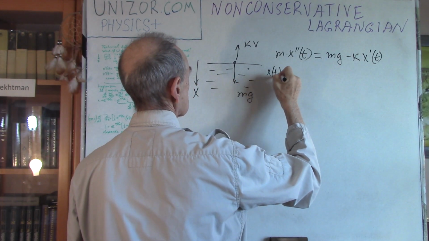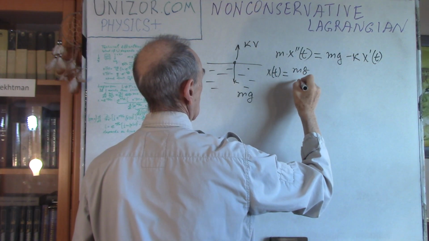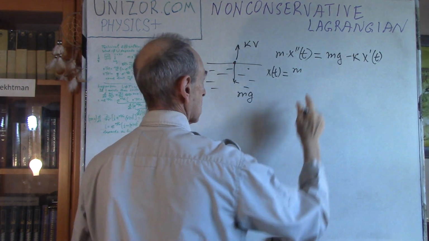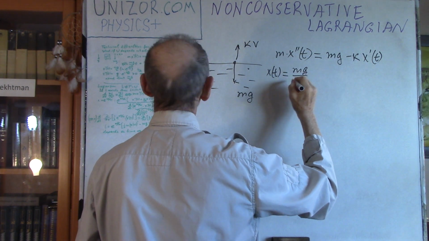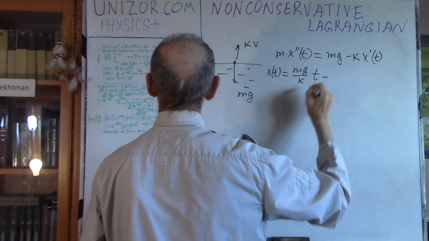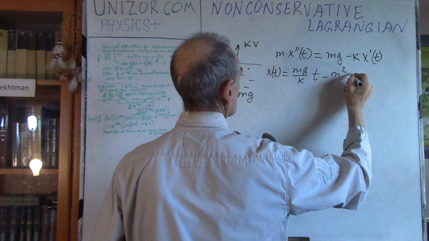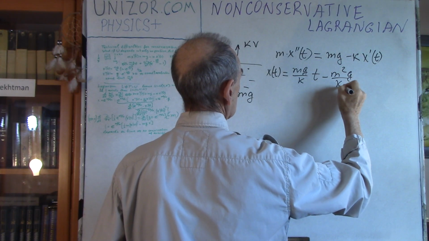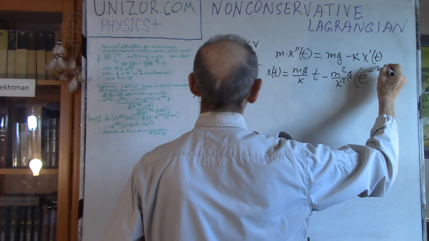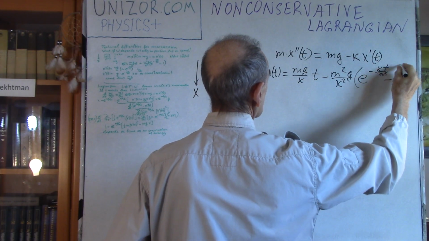X of t is equal to mg, this is g, gravitational constant, divided by k, t minus m square g divided by k square, if kt divided by m minus 1.